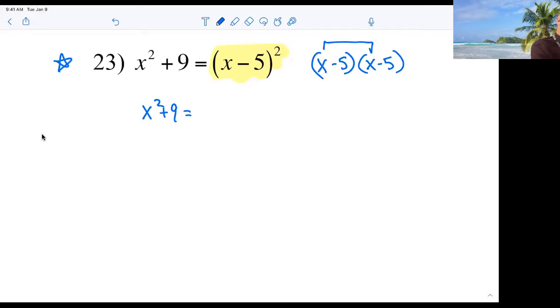What is this right here? x times x is x squared. How much here? And how much here? Right. So that's going to give me negative 10x. And then the last one is plus 25.